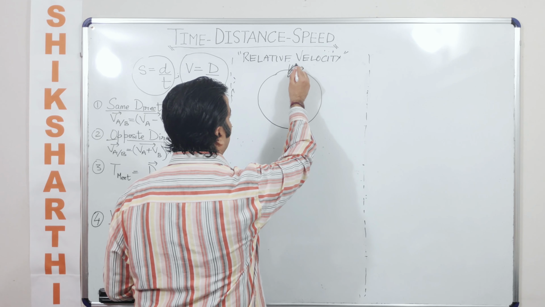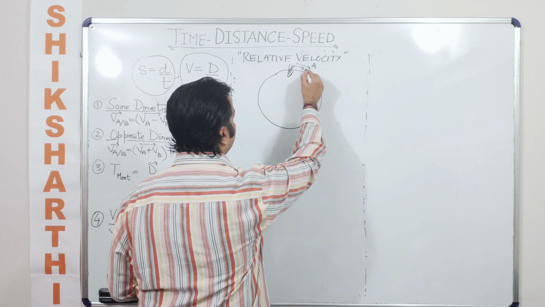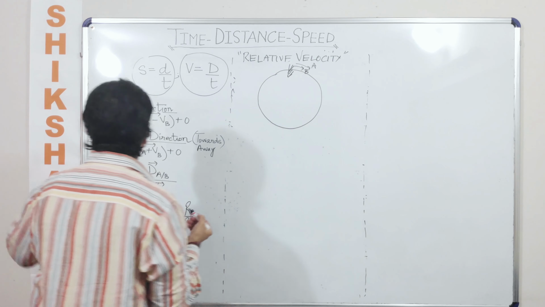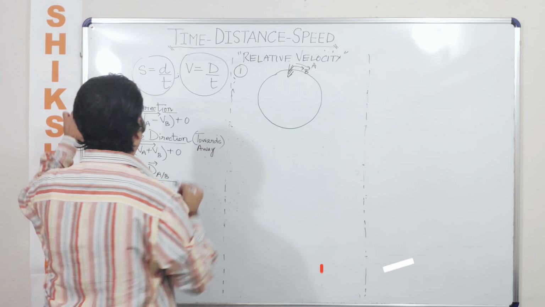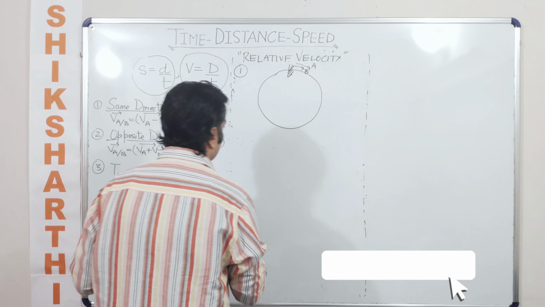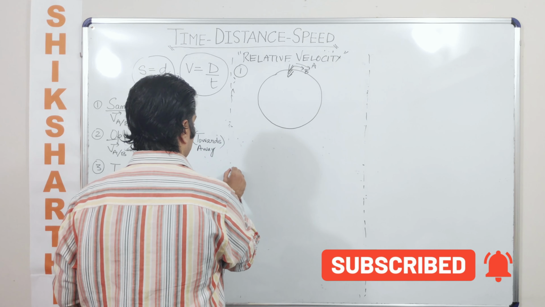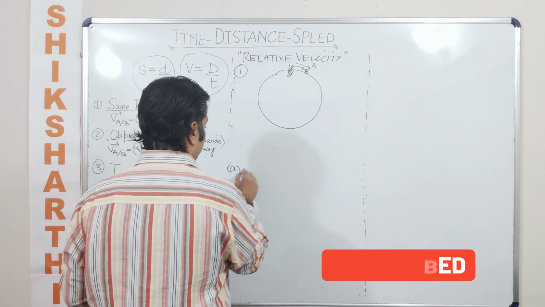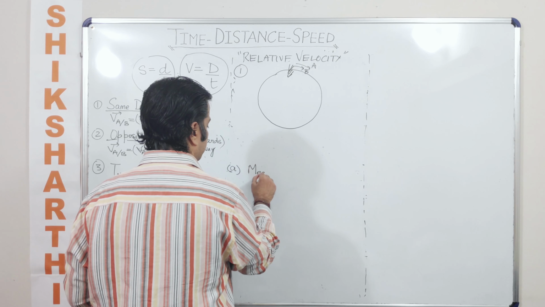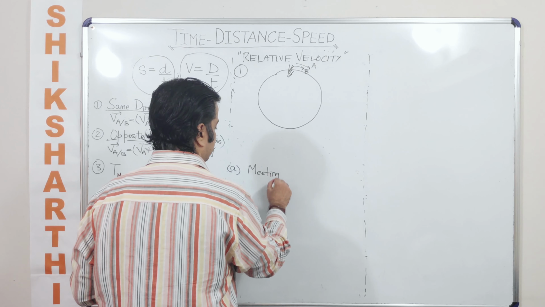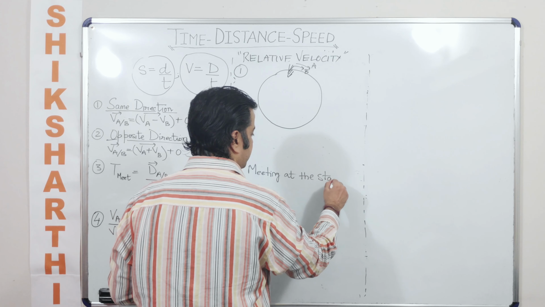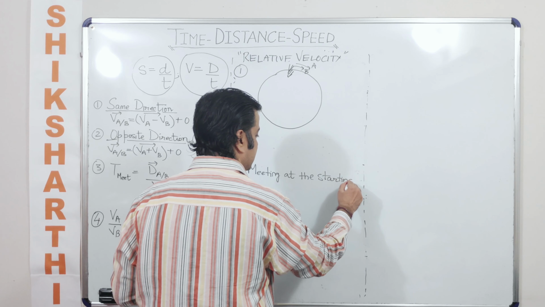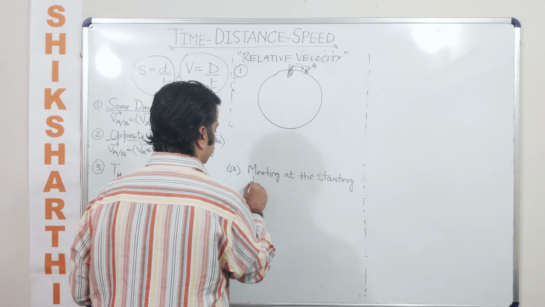So let's say there are two objects or two entities, A and B. We are talking about the first part, moving in the same direction. In this we will basically talk about, first, meeting at the starting point. And the second thing that we'll be talking about here is meeting at any other point other than the starting point.